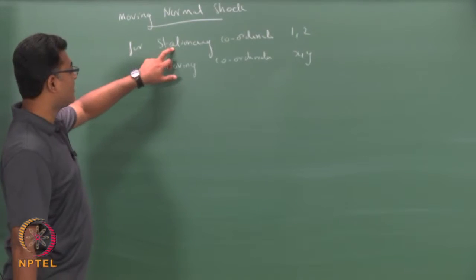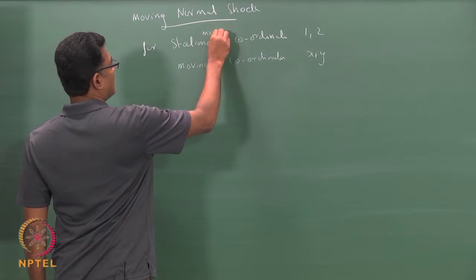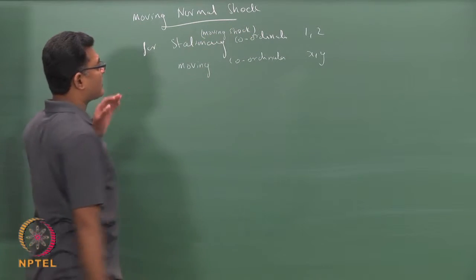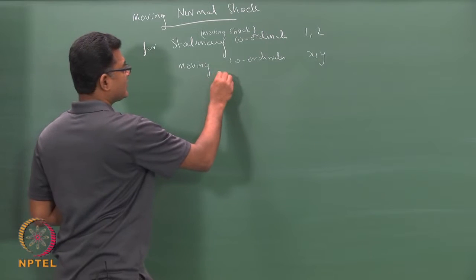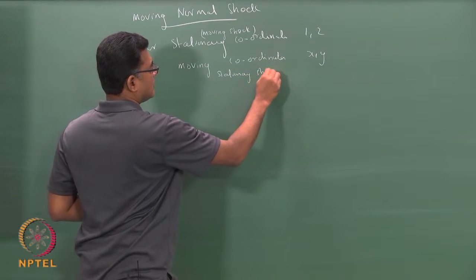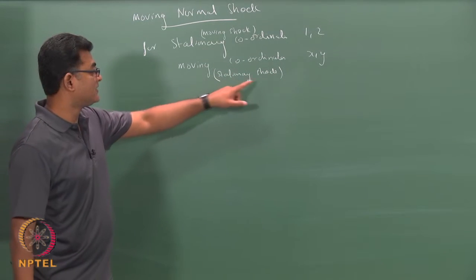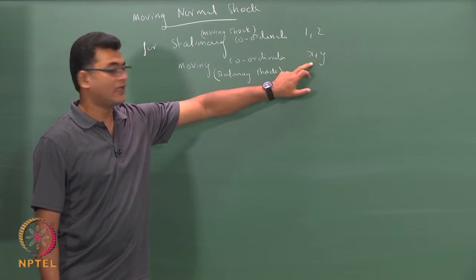So stationary coordinates means it's also your moving shock. Okay, and if I travel along with the shock, that is a moving coordinates, and that is a stationary shock. So to match with the stationary shock notation that we have used before, I have used x and y.